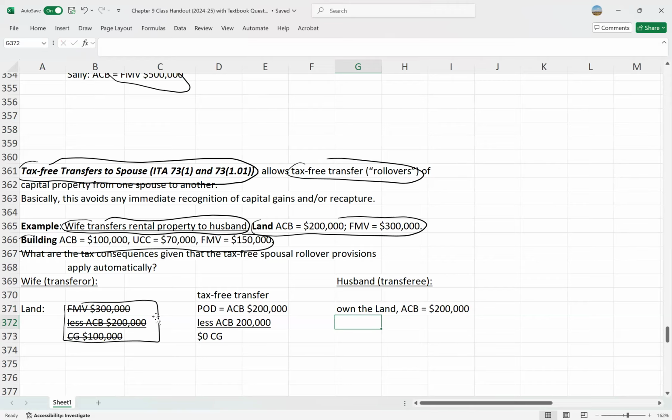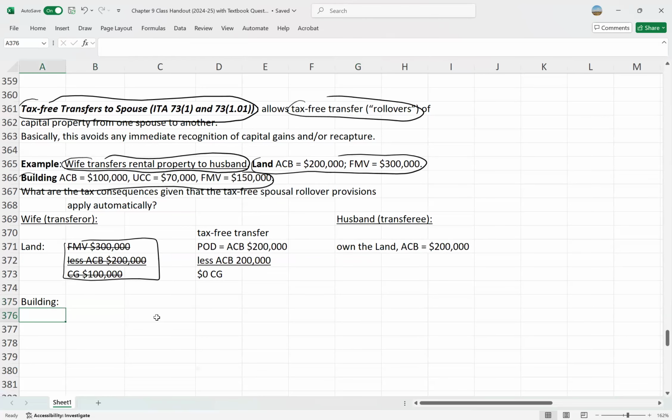What about for the building? The building is a depreciable asset. So because the building is a depreciable asset, we have to follow the CCA rules. So the UCC for the building is 70,000. And remember, we said that whenever we dispose of a building, we have to deduct the lesser of cost.